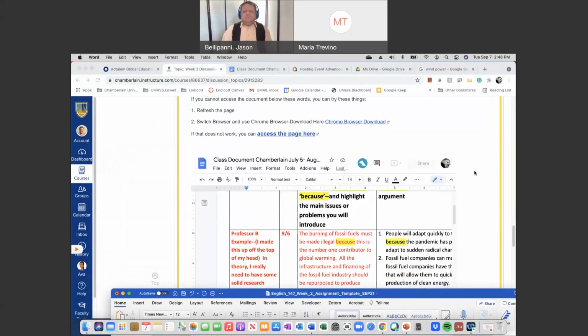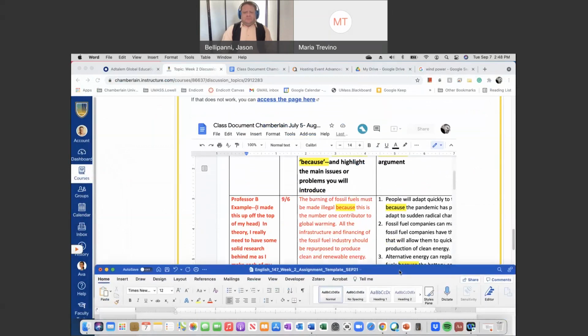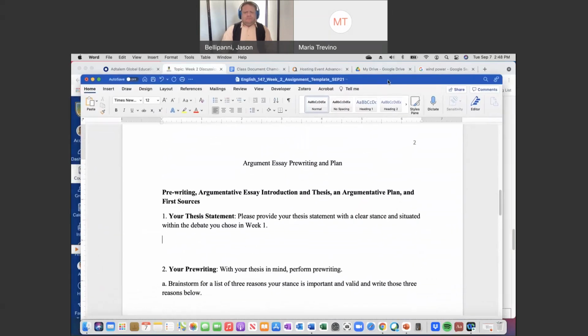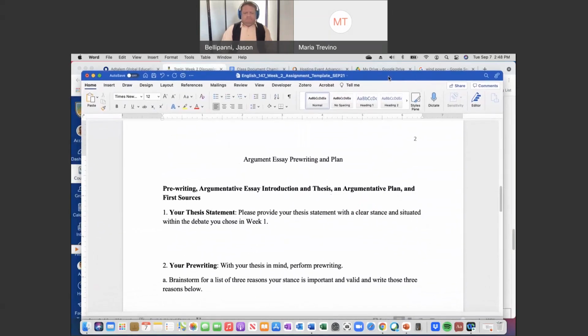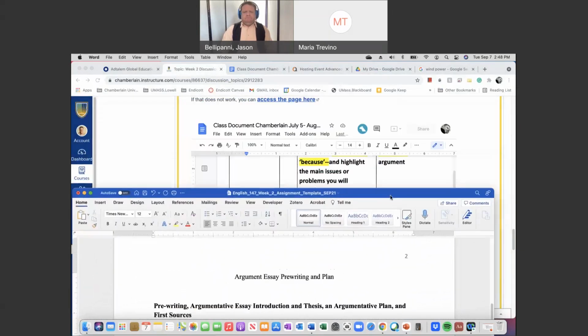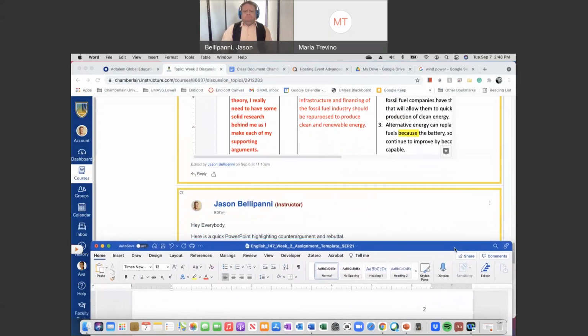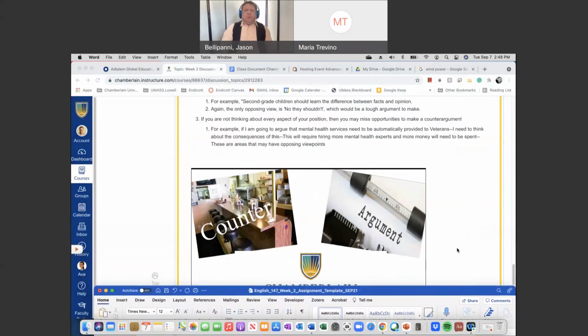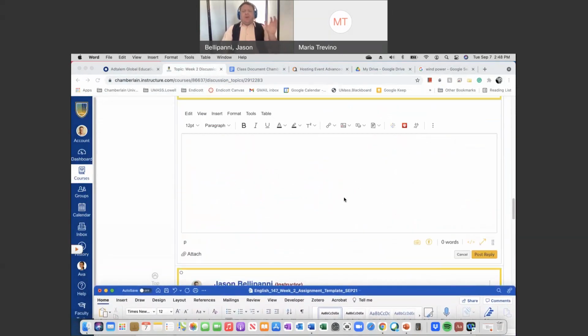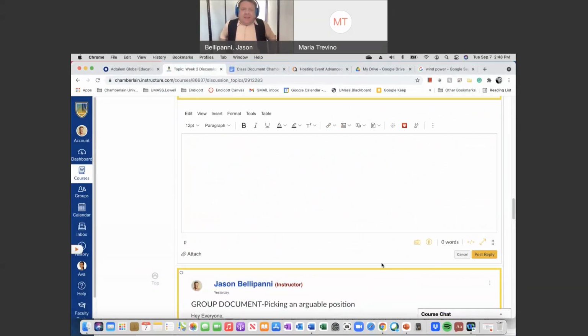Yes, sorry. I just want to clarify. So that's basically going to be like what you were doing at the beginning with changing cars to electric, where you came up with three opposing arguments and then three refutations. Right, that's the counter argument stuff, so these are two separate things.